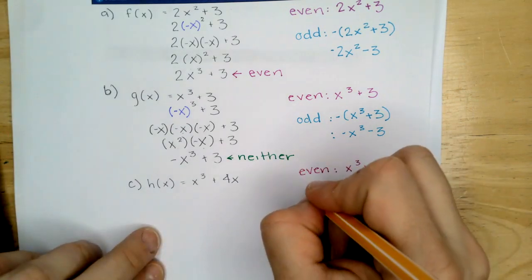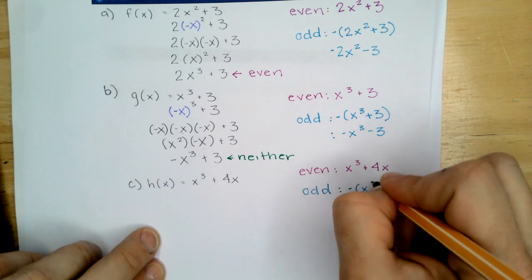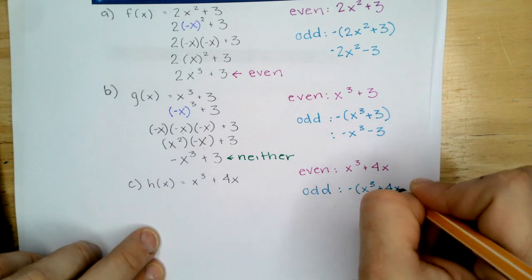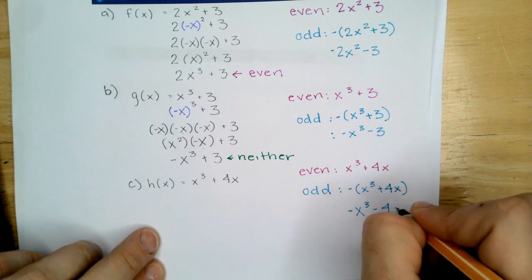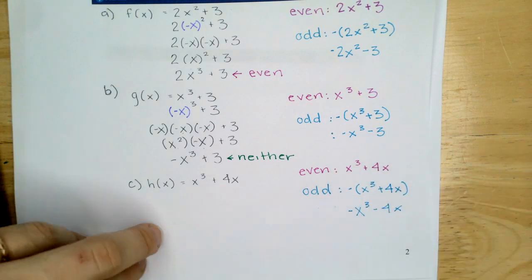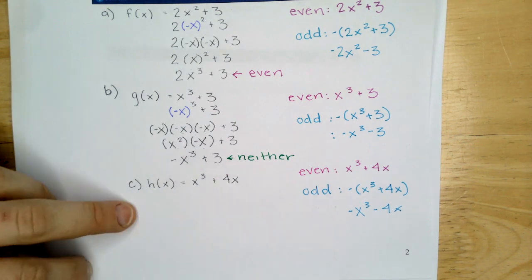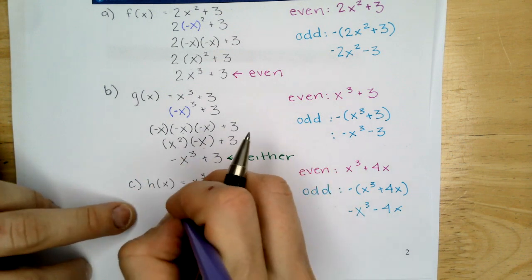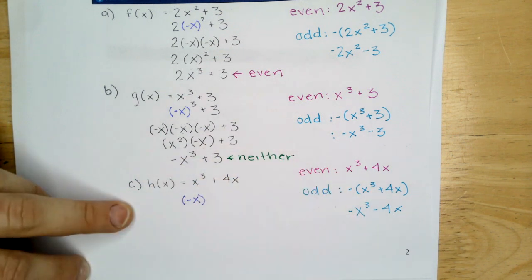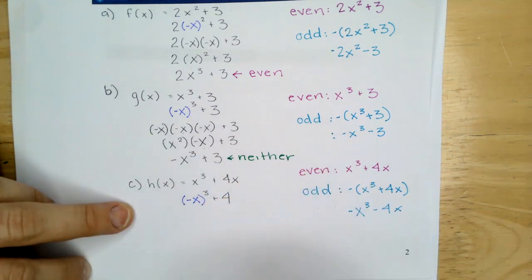Odd is going to be negative x to the third plus 4x. When I distribute that negative, it's negative x to the third minus 4x. Good? Okay, so we have x to the third, but I'm going to call it negative, because I'm substituting in a negative: negative x to the third plus 4 times negative x.